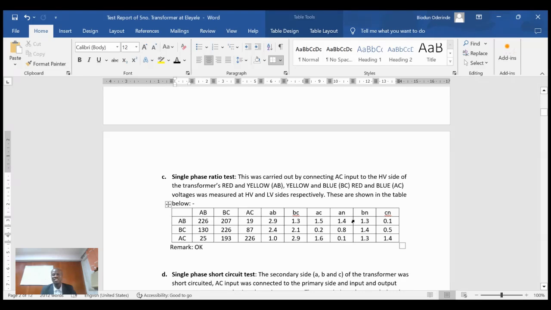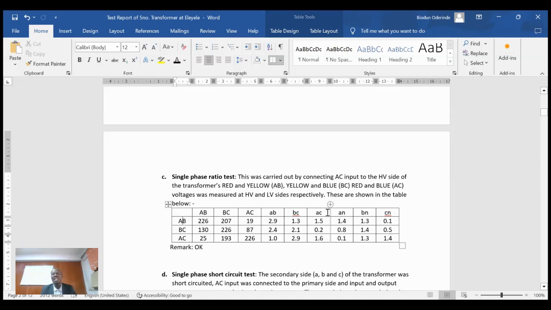So in this one now, the addition of BN and CN gives AN, which is equivalent to the arrangement we have here. The addition of AN and CN is equal to BN. The addition of AN and BN is equal to CN. So you can see it's diagonal, like this one.